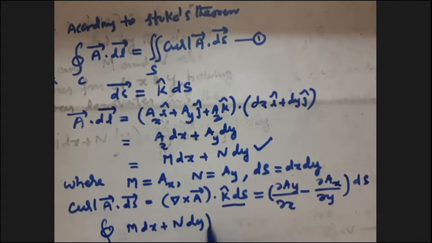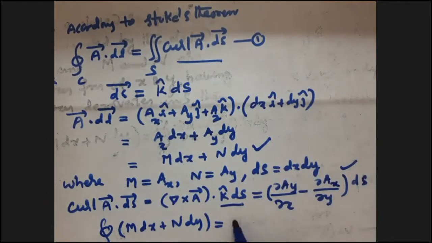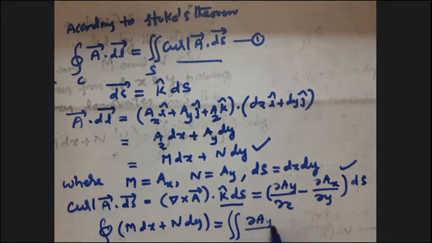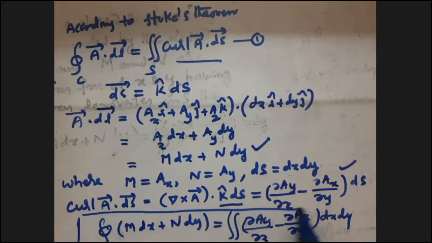And curl A bar dot ds bar is what we got here. Substituting this, the surface integral of dou A_y by dou x minus dou A_x by dou y, but ds is equal to dx dy. This is Green's theorem in a plane: the closed integral over C of A bar dot dl bar equals the surface integral of curl A bar dot ds bar.